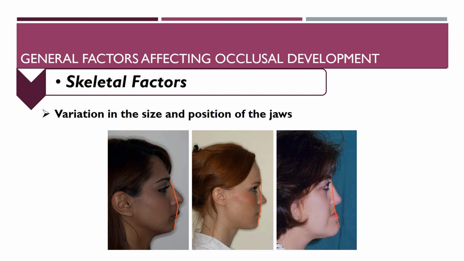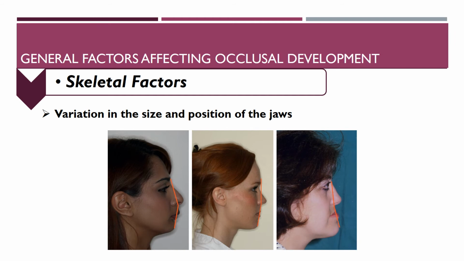In the vertical plane, the effect is mostly seen with the variation in the shape of the lower jaw at the gonial angle. As we see here, this is the gonial angle, and any variation in the gonial angle will result in a change in vertical dimension.